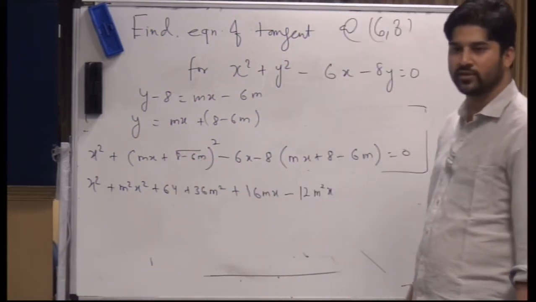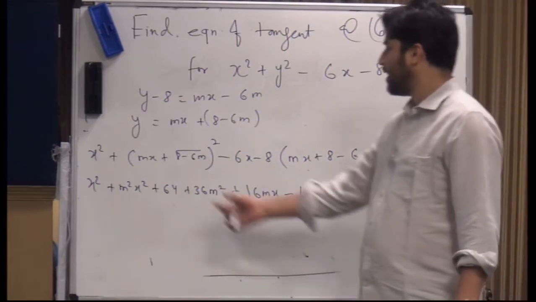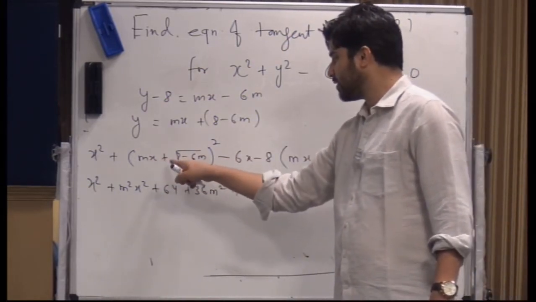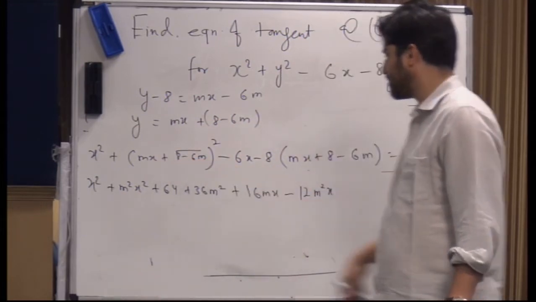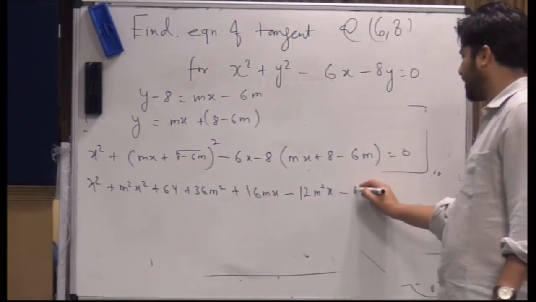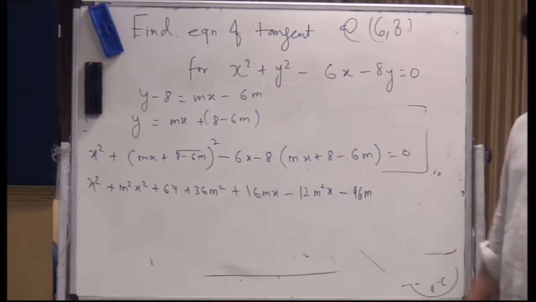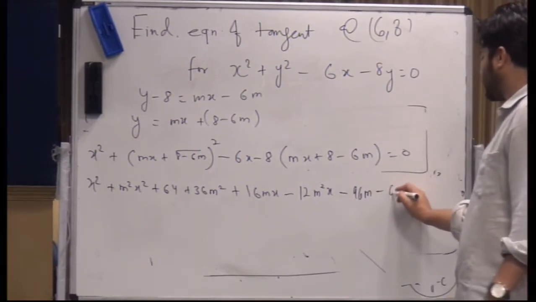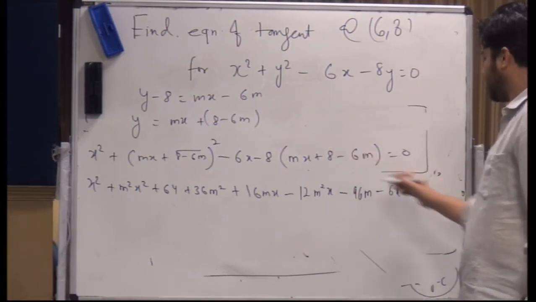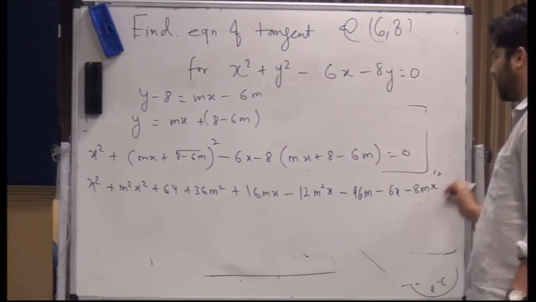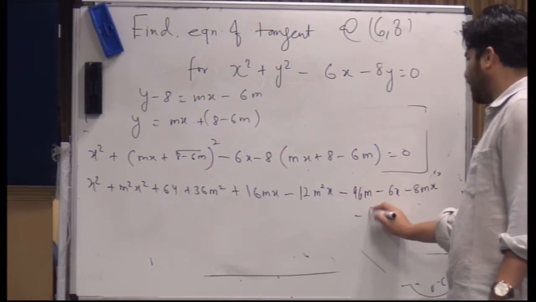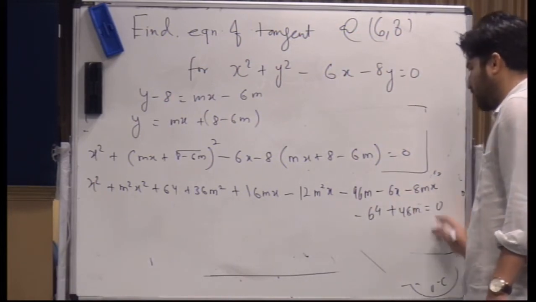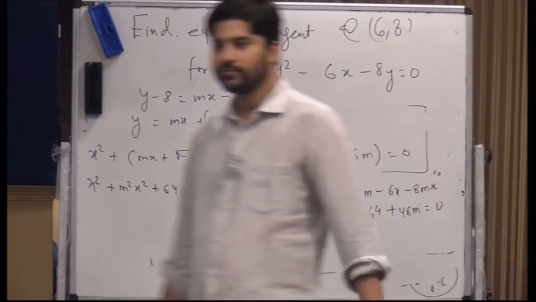And what should be the third term? This multiplied with this, that is minus 96m, right? Now minus 6x, and minus 8 will go with mx, it will become minus 8mx, right? Then minus 64, and then plus 48m is equal to 0, right?